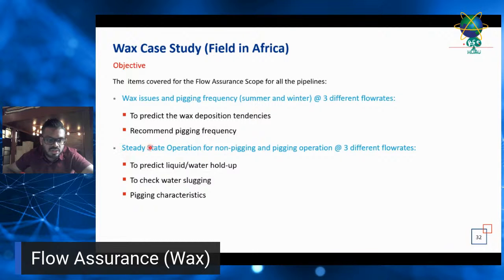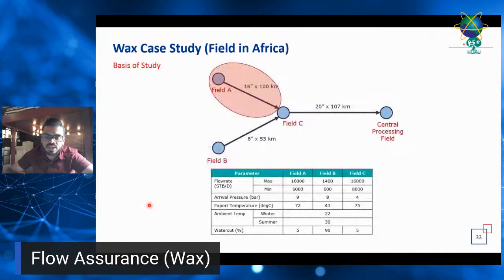And in terms of the liquid management, we will predict the liquid water holdup, and check the water slugging and also the pigging characteristics. For demonstration purposes, we will only look at one particular flow line and use this as a case for this presentation.